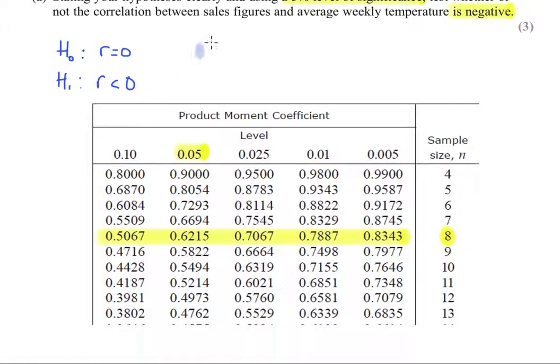So the critical region is less than 0. Well, it's negative. This will be plus or minus depending on whether we're testing for positive or negative correlation. So it's less than negative 0.6215. Anything less than negative 0.6215 is classed as significant.